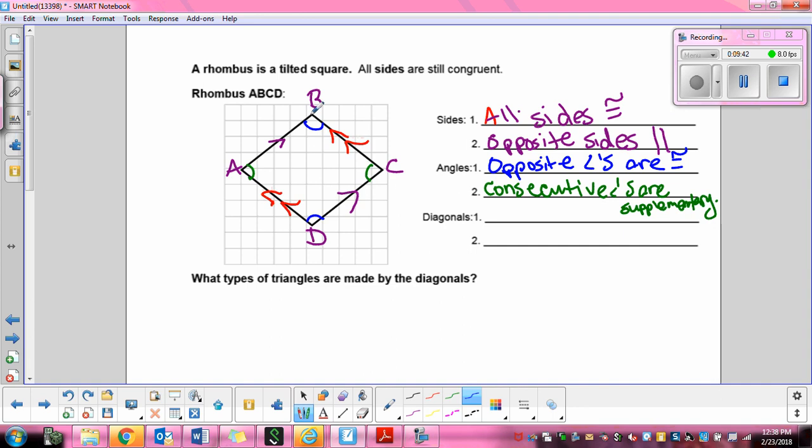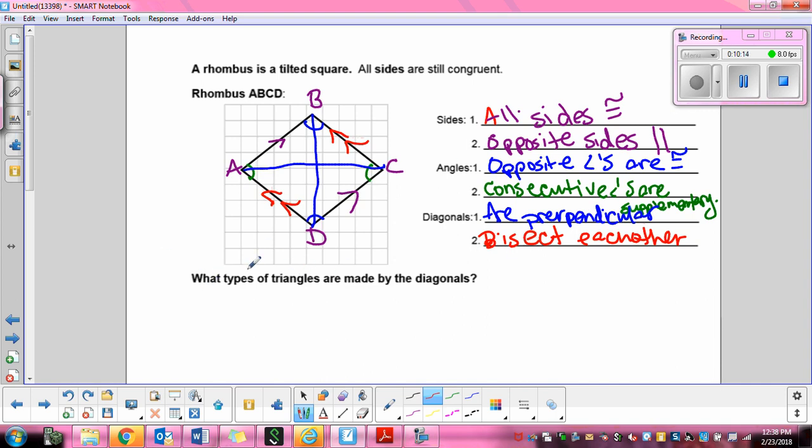If I have a diagonal from B to D and from A to C, some really cool things happen to my diagonals. My diagonals are perpendicular, just like the square. Also, I know that my diagonals bisect each other, just like the square and the rectangle.